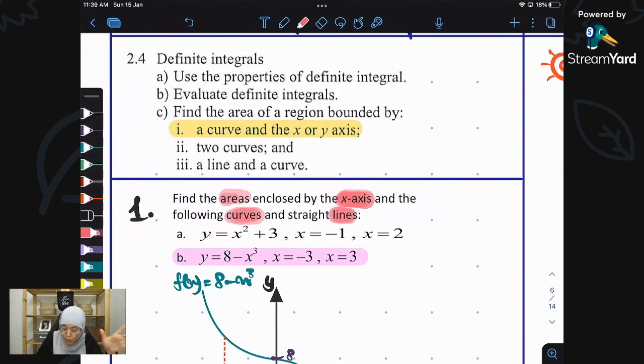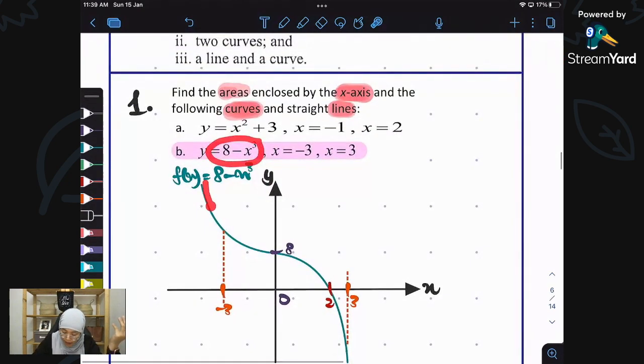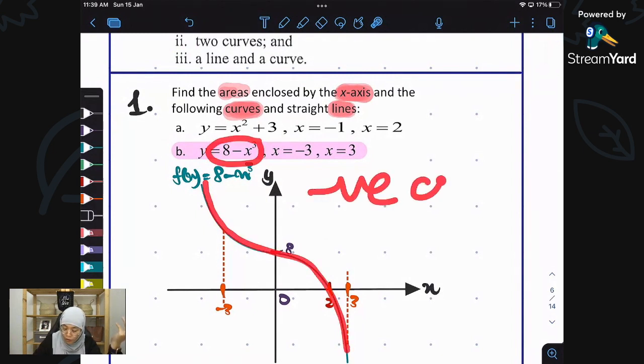What do we have now? The question said we have 8 minus x cubed. So from this, we know that this is a cubic curve. I have drawn here our cubic curve, which is the negative cubic. So I no need to teach you anymore.